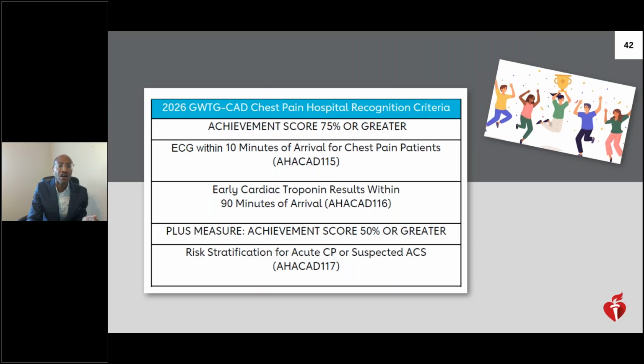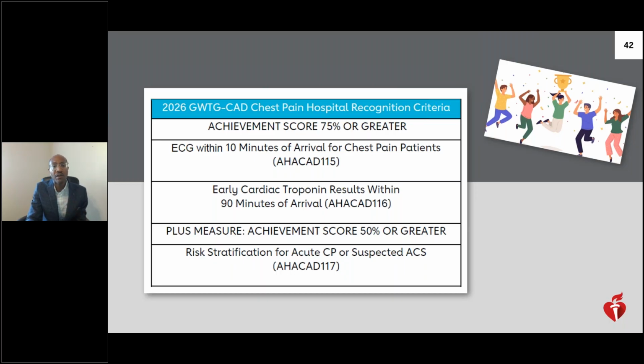And so we are making a call and a charge, right, for ECGs to be performed within 10 minutes and early cardiac troponin results to be resulted within 90 minutes at a rate of 75% or greater to achieve the CAD chest pain hospital recognition criteria.